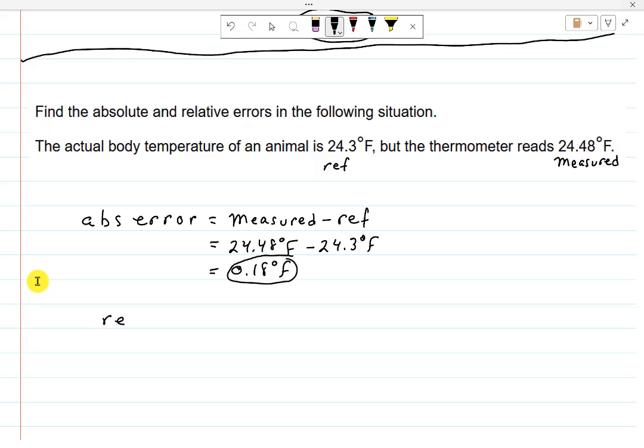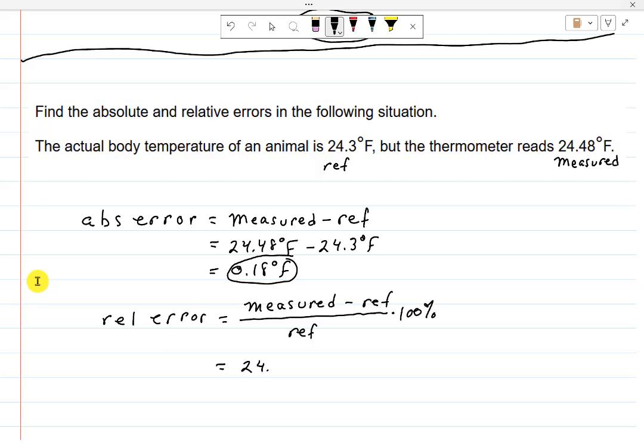And then a relative error, that's measured minus ref divided by ref times 100%.